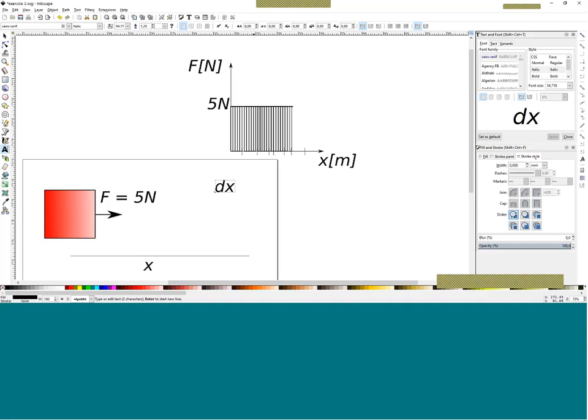And he said, for the instance of dx, over where x exists, over the length of x, we'll multiply that by f. And now I've got to whip out my Greek symbols. Integral. There we go. Hopefully this will work. Perfect.